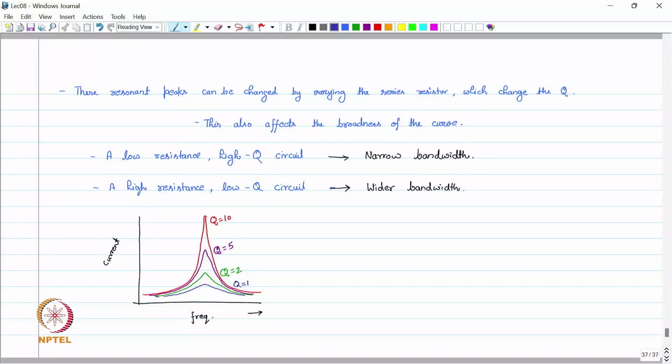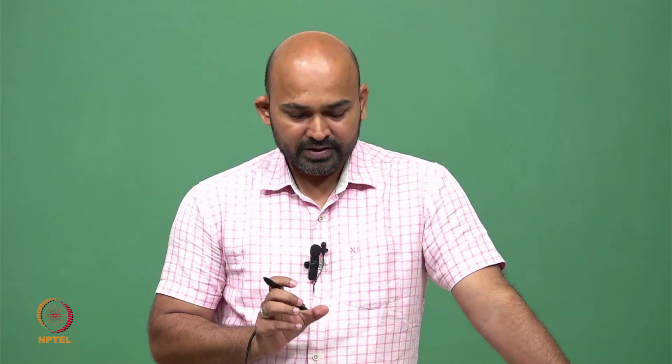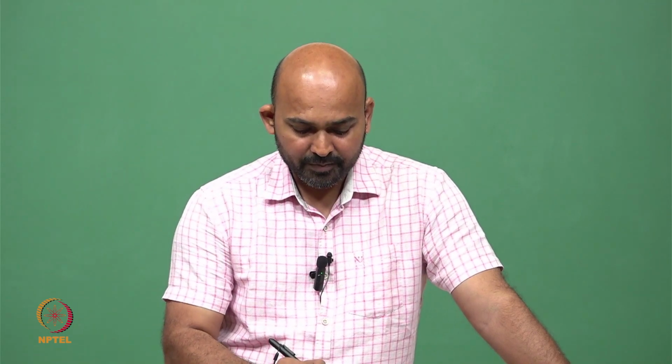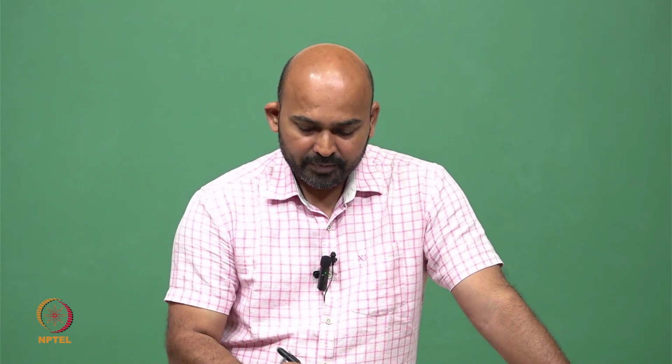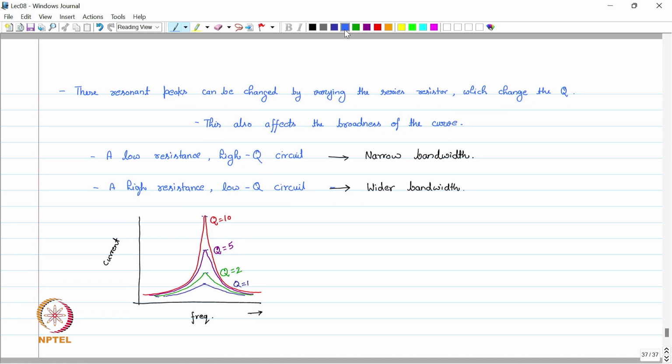So we see here that when the quality factor goes down, the peak goes down. The peak value is somewhere here, which goes down as the quality factor decreases. Also, the bandwidth of this circuit changes, because the bandwidth we measure for a particular graph is the point where this graph reaches 70% of its peak value.